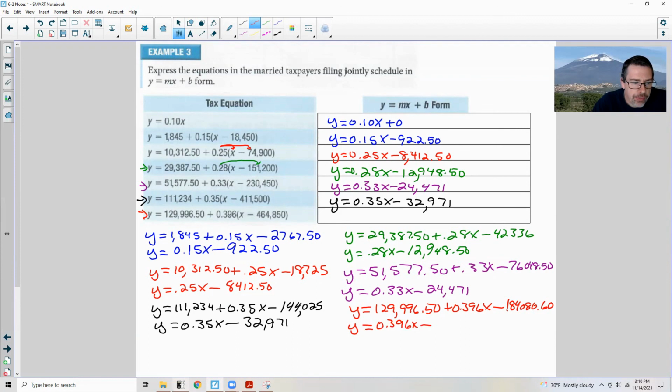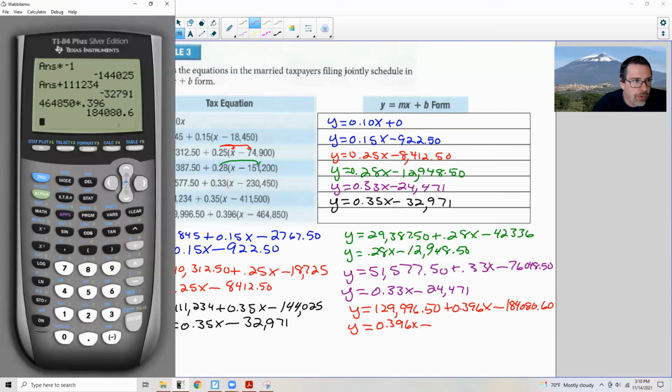Okay, so now we're going to get y equals 0.396x minus, take that 184,080.60, make it negative by multiplying by -1, and then add 129,996.50, and I get negative 54,084.10.